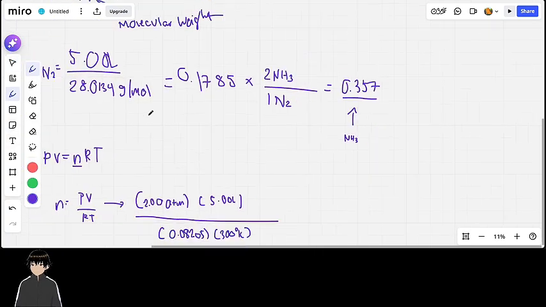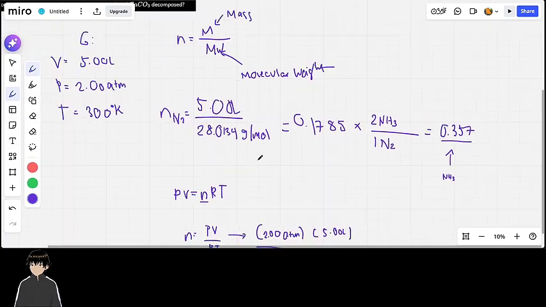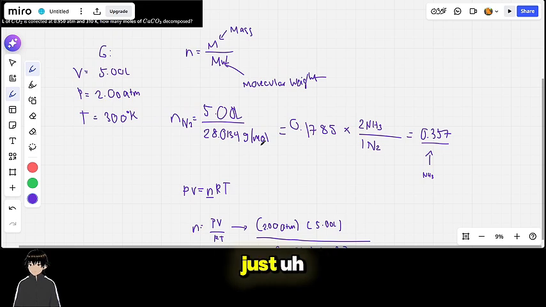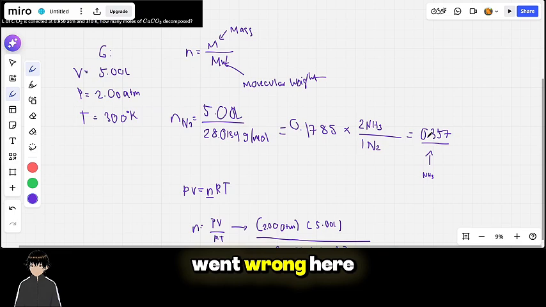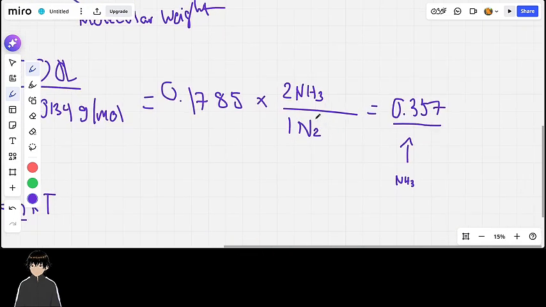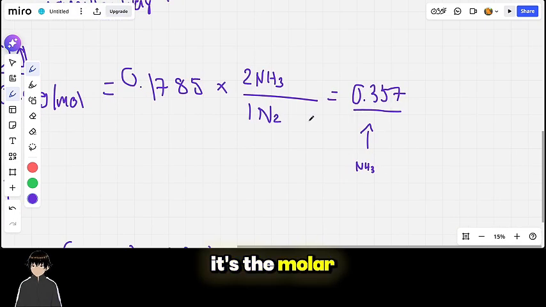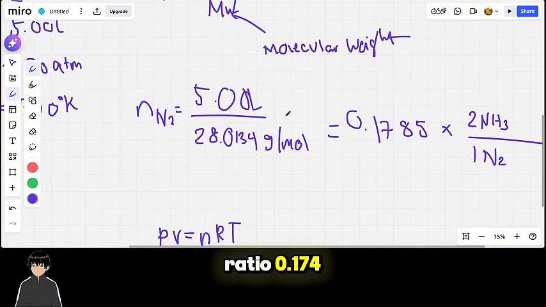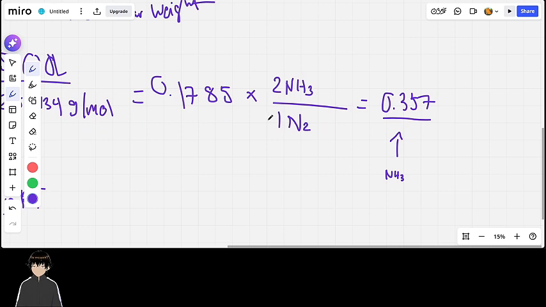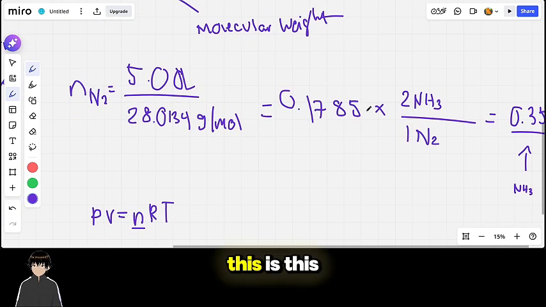Let me see where I went wrong here. It's the molar ratio 0.174. This is going to be moles, I believe.